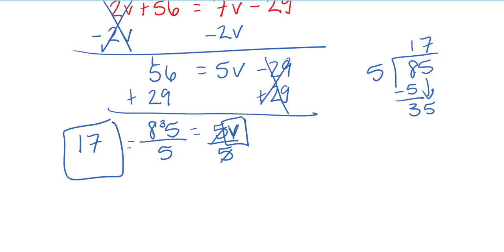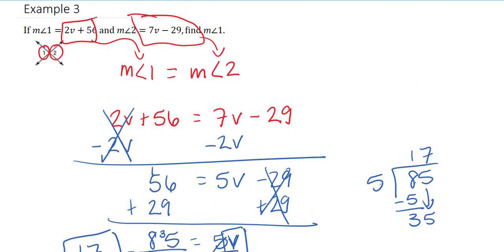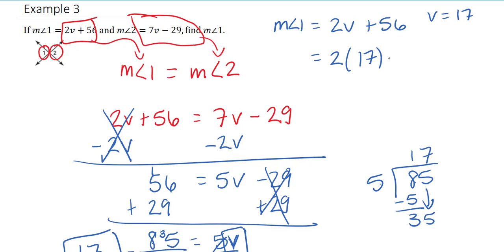But our question was what the angle was for angle 1, not what v is. So let's go back. Angle 1 is equal to 2v plus 56, and v is equal to 17, so we substitute in the 17 where v is. So we go 2 times 17, that's 34, plus 56.